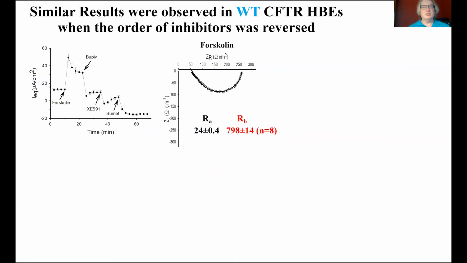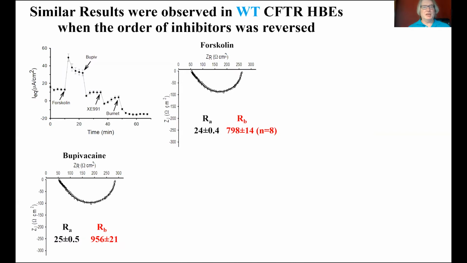We had similar apical and basolateral resistances to what we saw before. In this case, addition of bupivacaine first to block the K2P channels, again, had no effect on the apical resistance, but did increase the basolateral resistance by approximately 160 ohm centimeters squared.